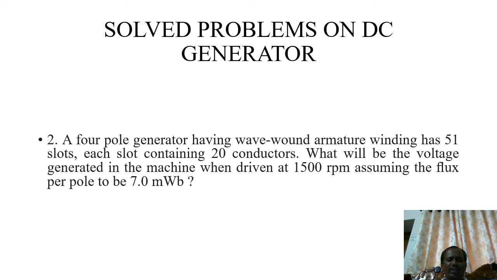N is equal to 1500 rpm, and phi is equal to 7 into 10 to the power minus 3 webers.